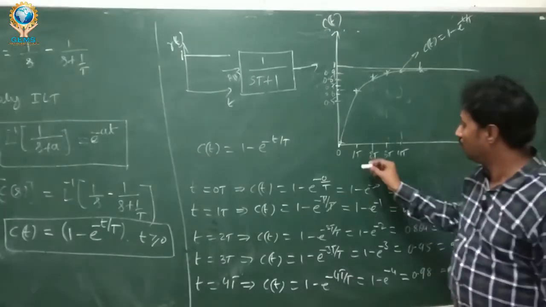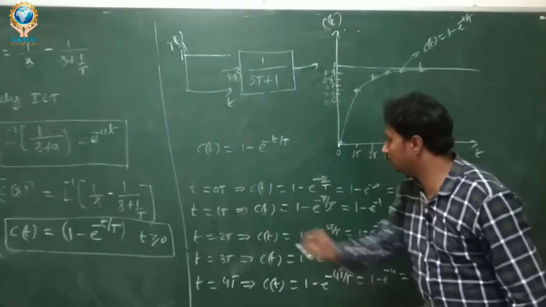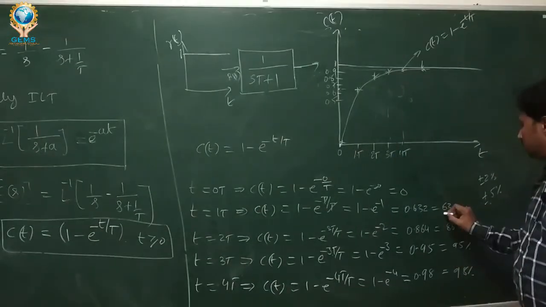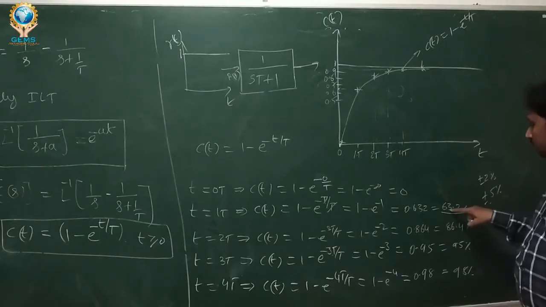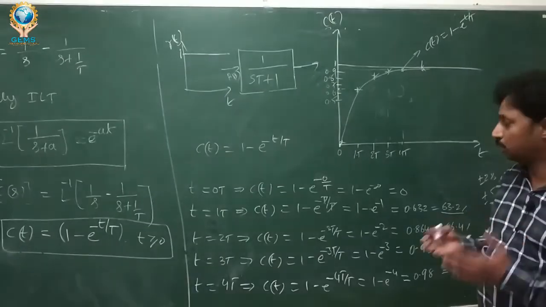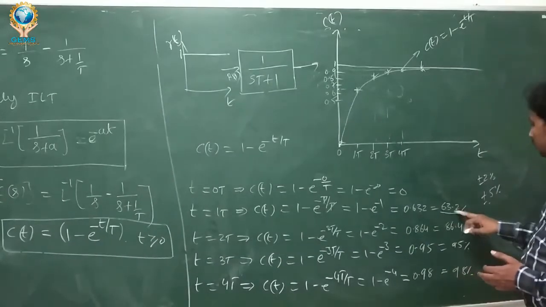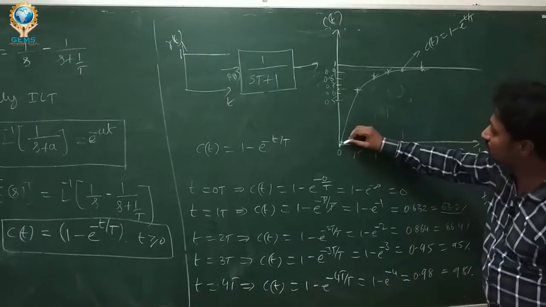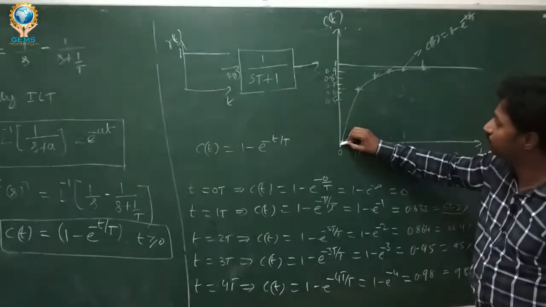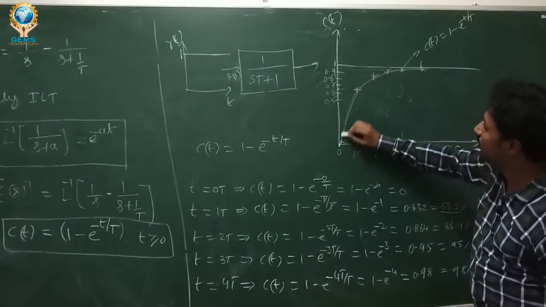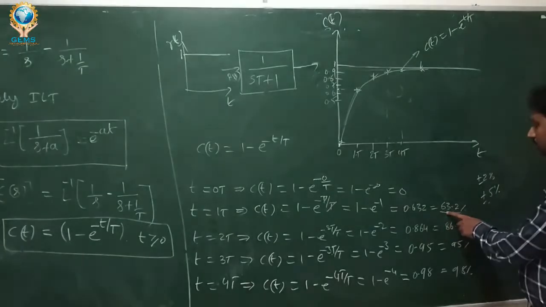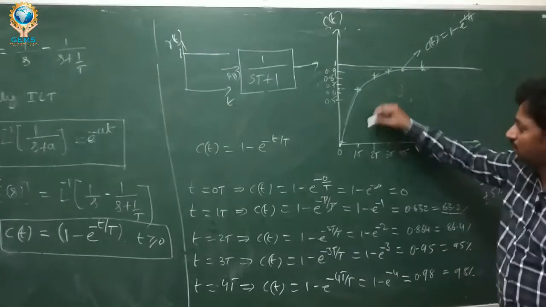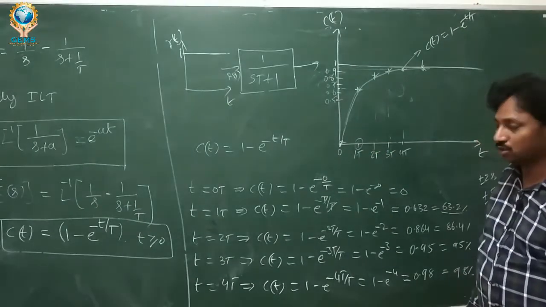So what you have to observe? When t is equal to 1T, your response has reached 63.2% of the final value. So it has reached more than half, right? It means 63.2% is reached at t equal to 1T.